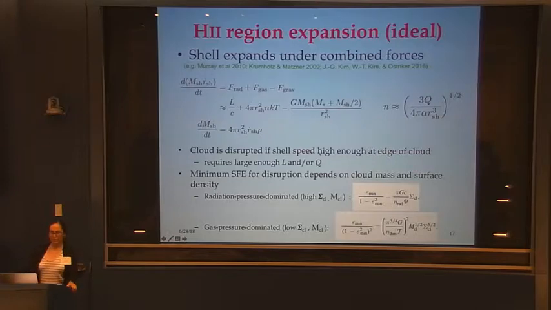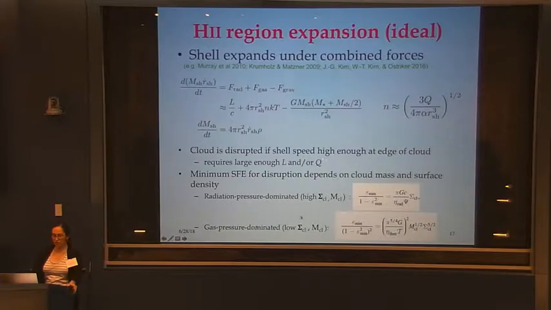And you can then translate that into the star formation efficiency within the cloud that you need to disrupt the cloud. What's shown here is the two limits of totally radiation pressure dominated or totally gas pressure dominated. In the radiation pressure dominated limit, the star formation efficiency would increase as the square of the average gas surface density in the cloud, and inversely with the light to mass ratio in the cloud.